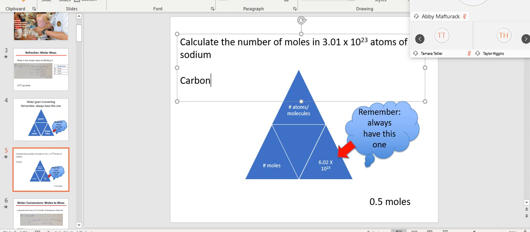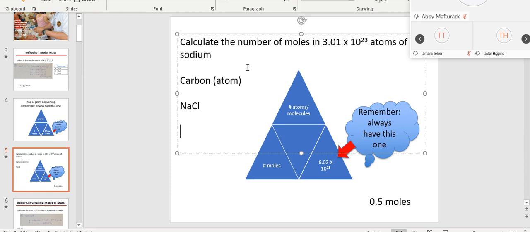that's an atom, so this formula holds true. But I could also use this formula to find the number of molecules, or formula units of this.